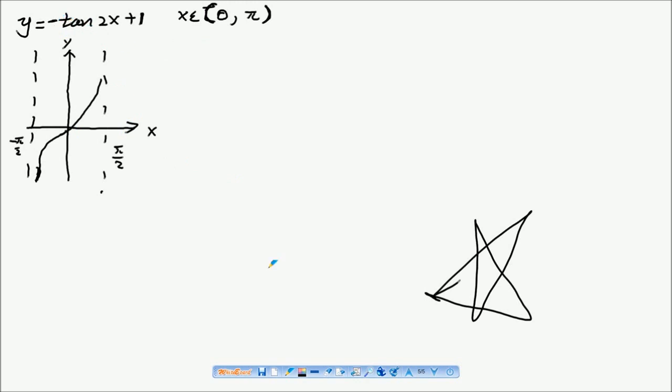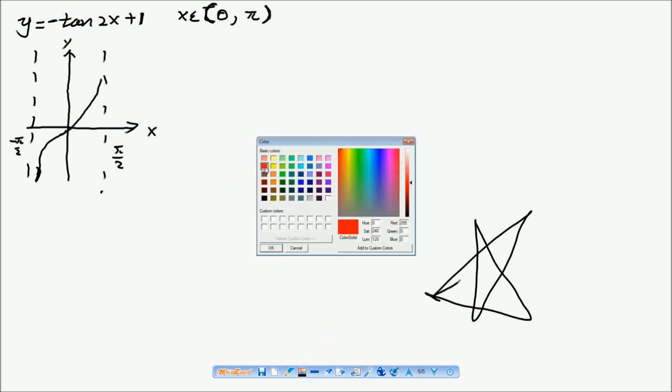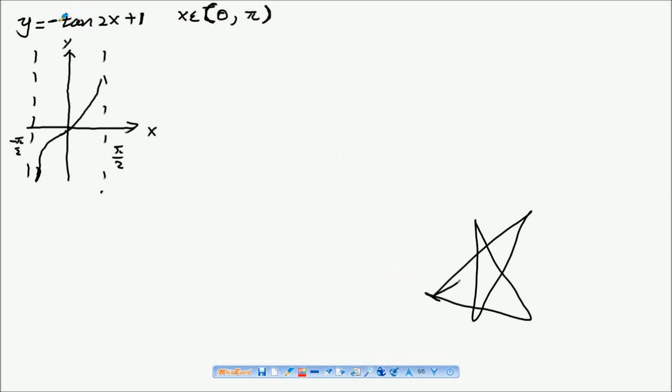We have a minus sign there, so the shape of the graph would be reflected on the x-axis, which looks like this.